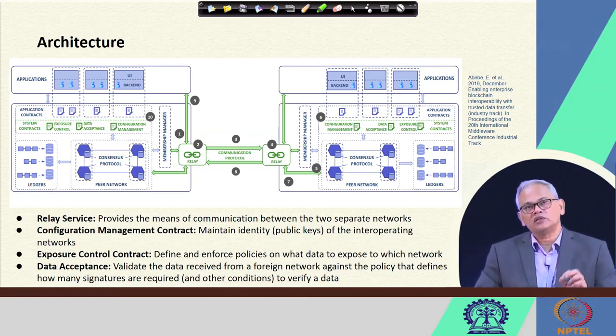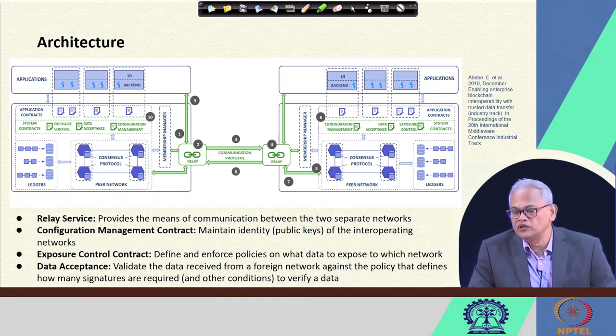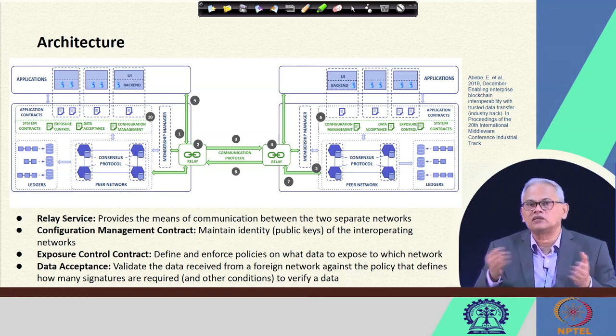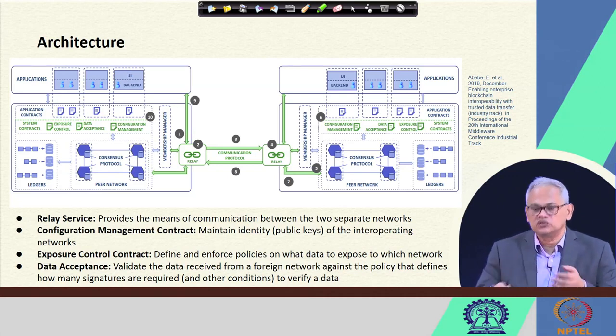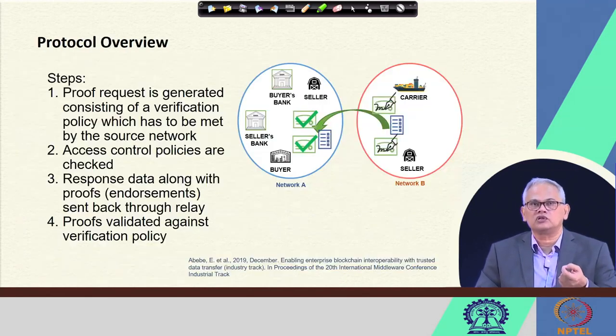Once again, I would like to mention that this is an example, a particular research work that was published in this paper, in the 20th International Middleware Conference in the industrial track in 2019. Of course, one can think of other methods. There are also some other research works that have been published, so one can go through those. This is one to motivate you as to how such interoperability can actually be done in permissioned blockchain networks.